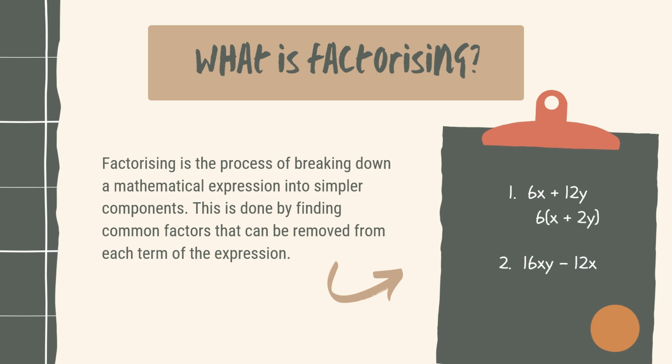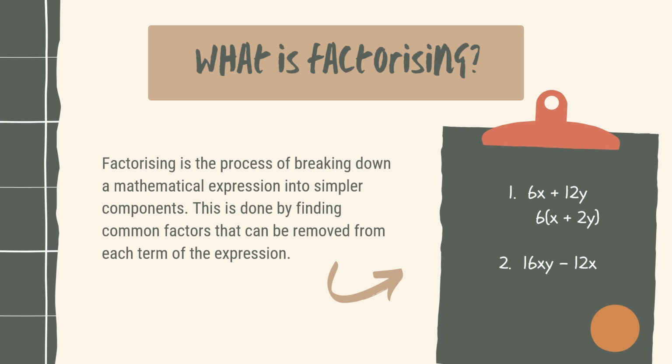So we take out the 6, and if we divide the first term, 6x divided by 6, we've got x. So inside the parentheses, we put x plus 12y divided by 6, which is 2y. So we write x plus 2y inside the parentheses.